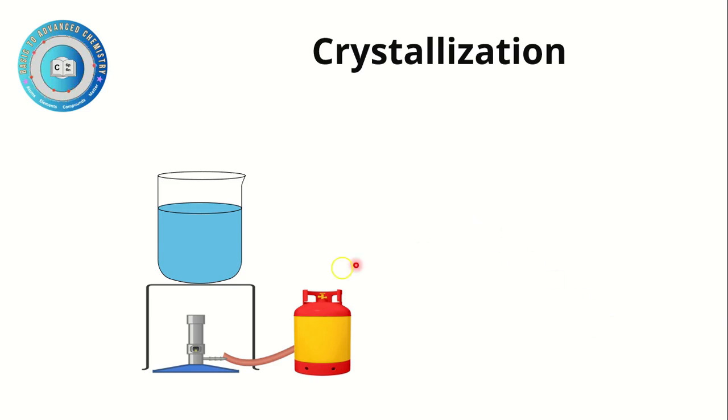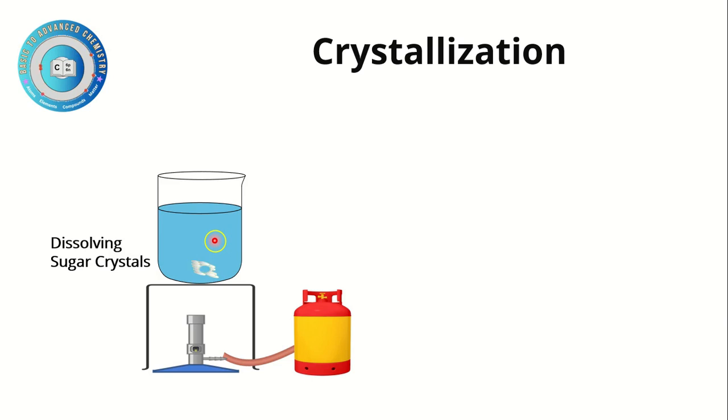For this purpose, first we have to heat water. Then once the water is heated, we add a small amount of crystals that is going to be purified, a small amount of sugar. This may contain impurities. Then both impurities and the sugar are completely dissolved in this heated water.